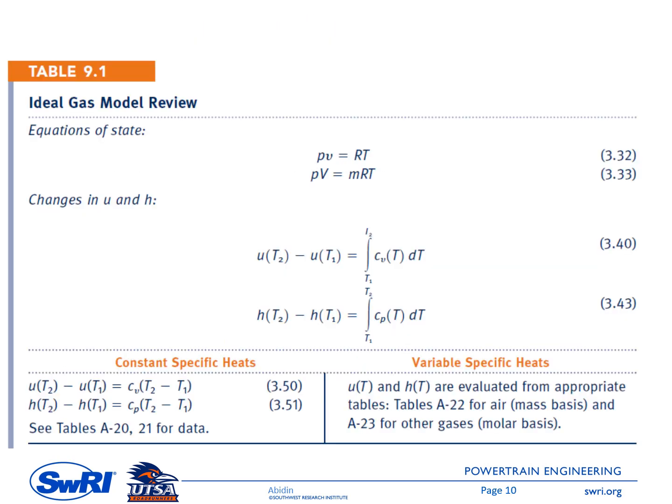Because we will use air as the working fluid for the process inside the internal combustion engine, we will use some formulas related to air, and air will be assumed to behave as an ideal gas. So we will use the ideal gas equation of state. You can see in this slide equation 3.32 and equation 3.33.